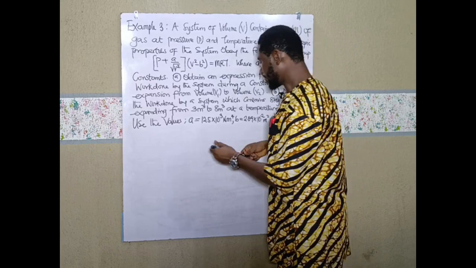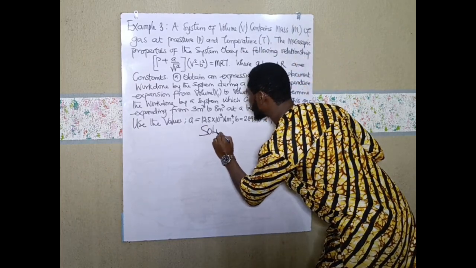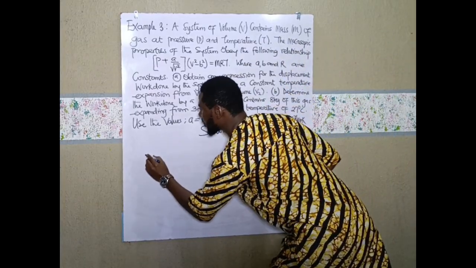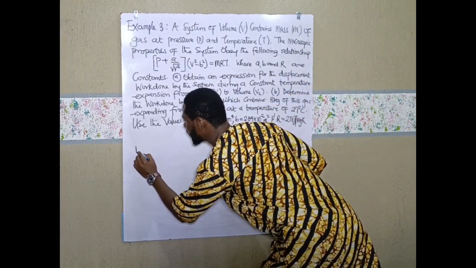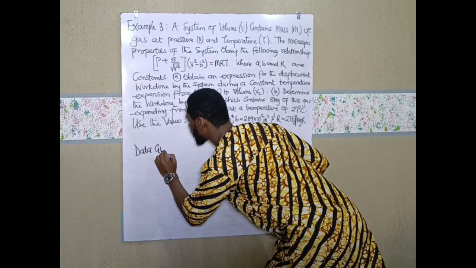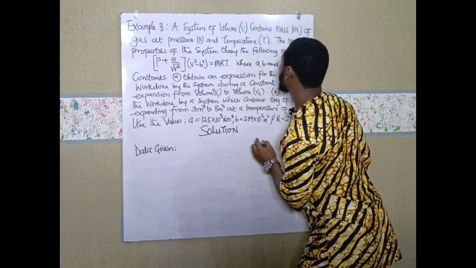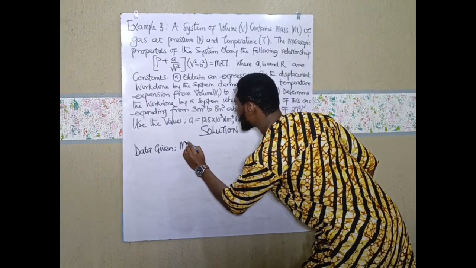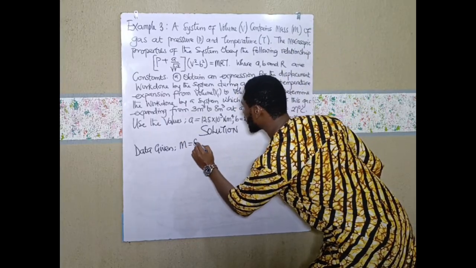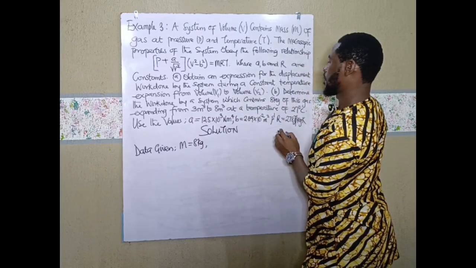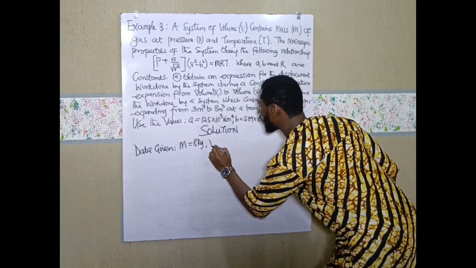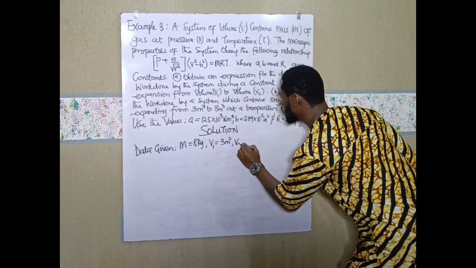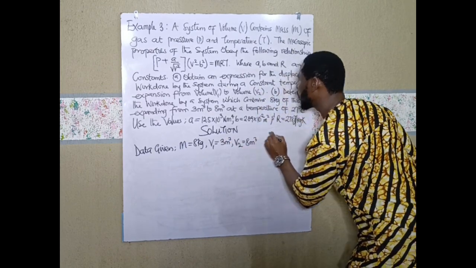Solution. Step 1, data given. The mass of gas m is 8 kg, volume V1 is 3 meter cube, and volume V2 is 8 meter cube.